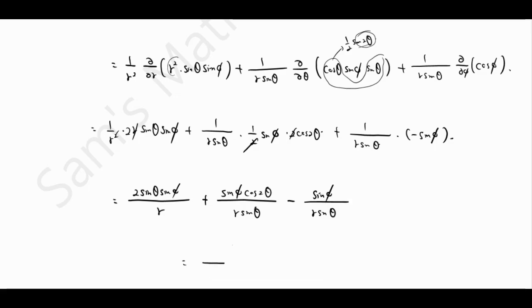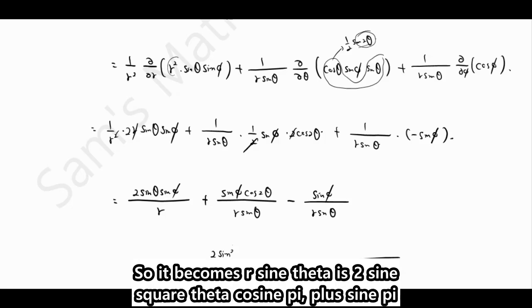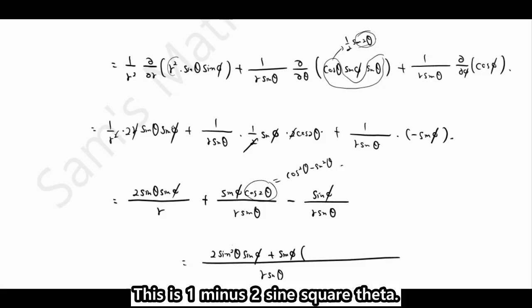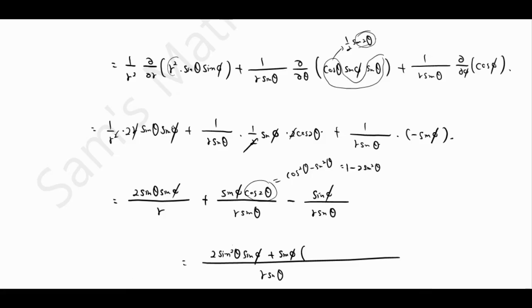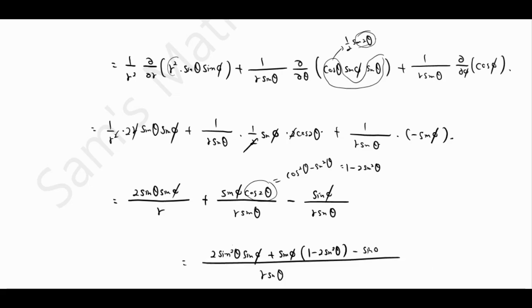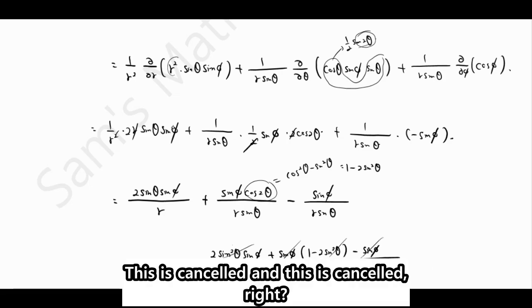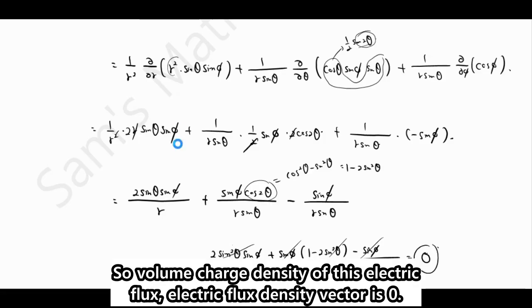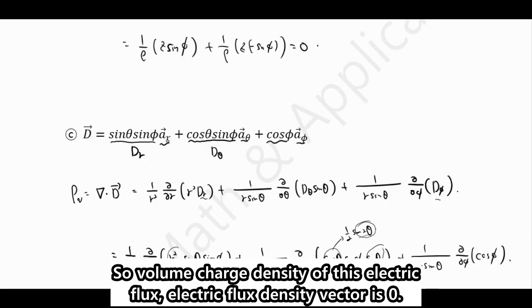Cosine 2 theta is cosine squared theta minus sine squared theta, which is 1 minus 2 sine squared theta. So 1 minus 2 sine squared theta minus 1 is cancelled, and this is cancelled, right? So this is 0. The volume charge density of this electric flux density vector is 0.